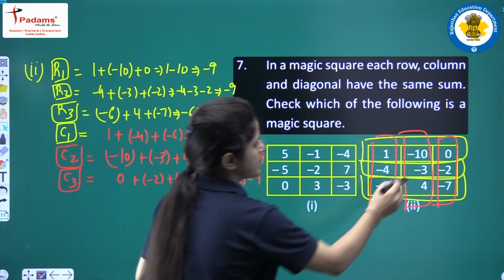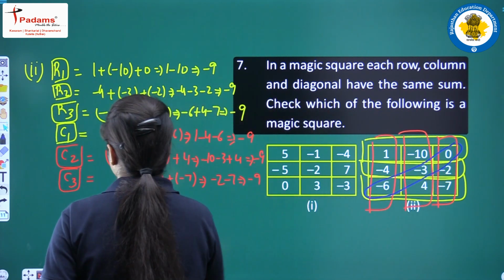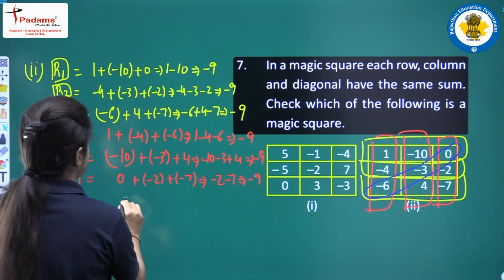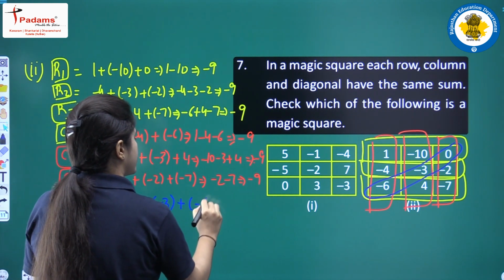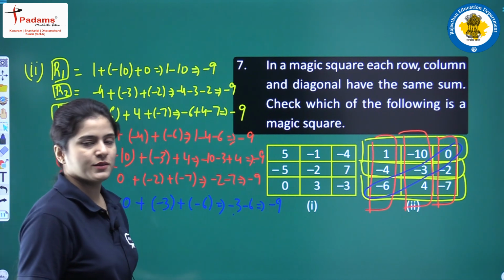Okay. So these are the two diagonals. So we'll take the first diagonal, 0 plus minus 3 plus minus 6. Minus 3 minus 6 is equal to minus 9. Okay, students.